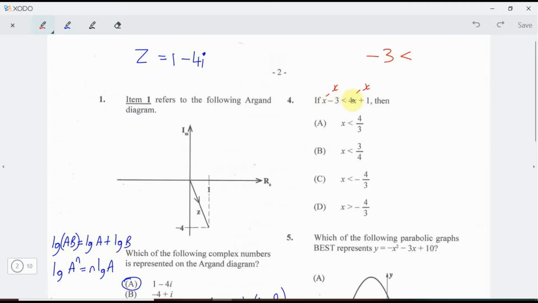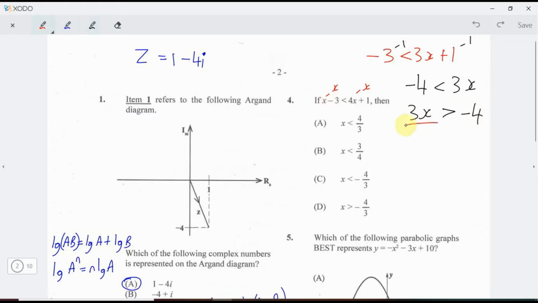And so realize 4x minus x, that's 3x plus 1. So now I can bring the 1 over to the other side there. And so when I subtract 1 from both sides now, I will have negative 4 is less than 3x. But I can just spin it around and say 3x is greater than negative 4 because that looks more appropriate.